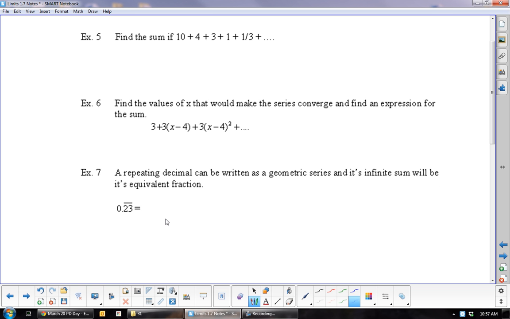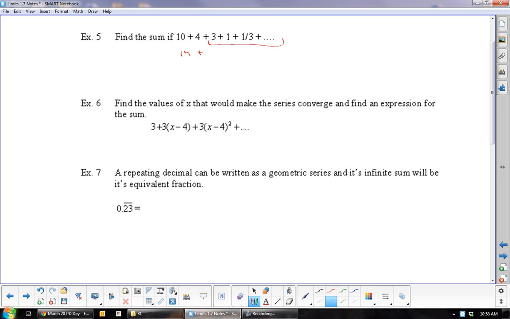Okay, so this is obviously a higher level question when you start doing these, but the series doesn't start till here. So in this case, you're going to have two parts to it. You're going to have 14 plus the infinite sum.